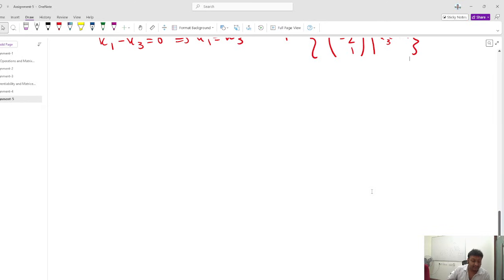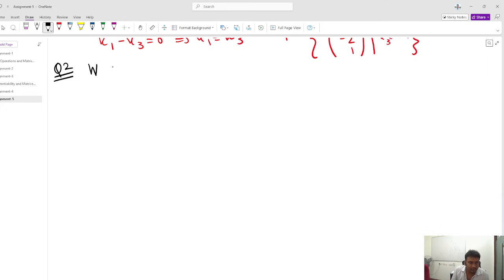Okay, let's do problem number 2. So for that, remember, I have done the proof in my remedial class yesterday, Saturday, and sir might have stated this theorem.